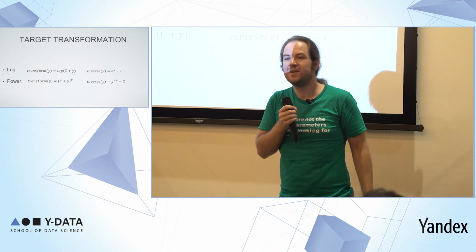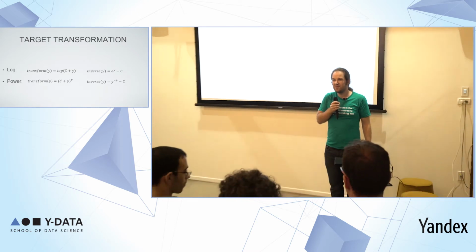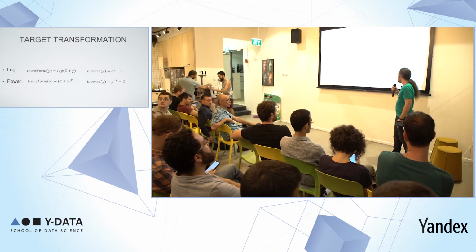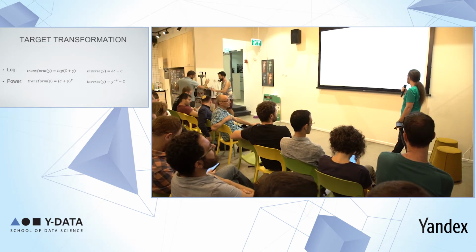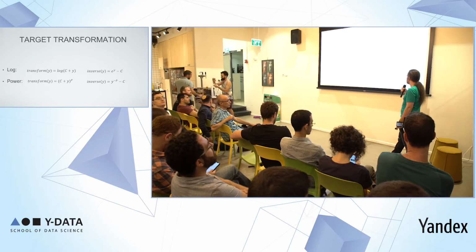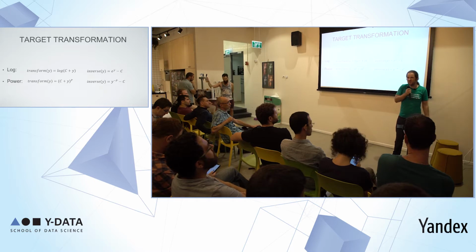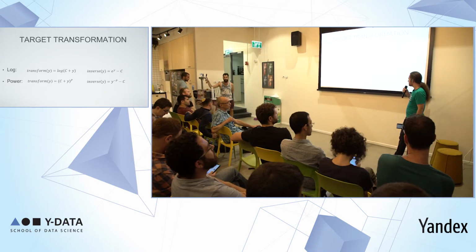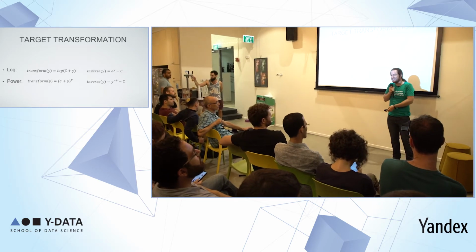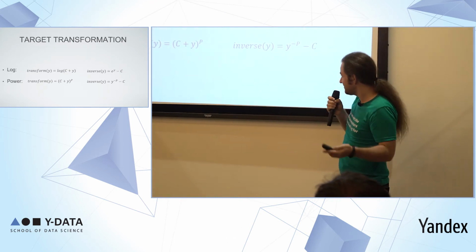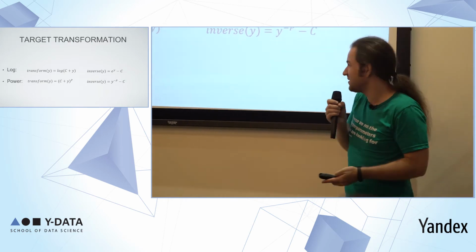Okay? Is it possible to apply any of them to classification problems? So the question is whether it is possible to apply this to classification problems. By design, it is considered to be a transformation for continuous values.